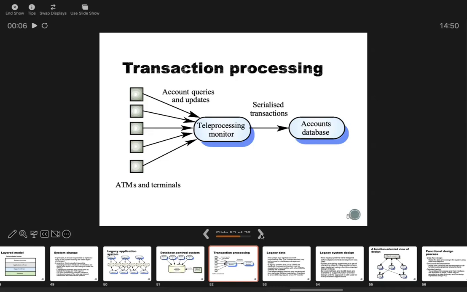And then they use serialized transactions. Serialized transaction means if a customer requests a transaction in order, they have to send the order into their database. So there is an order of the requests and the processing of data. These are the serialized transactions.